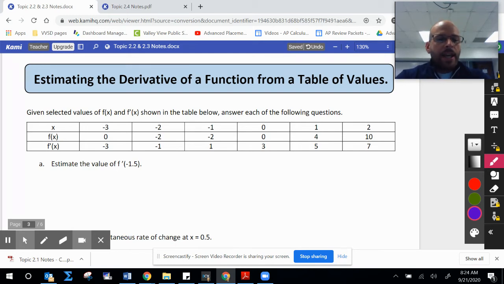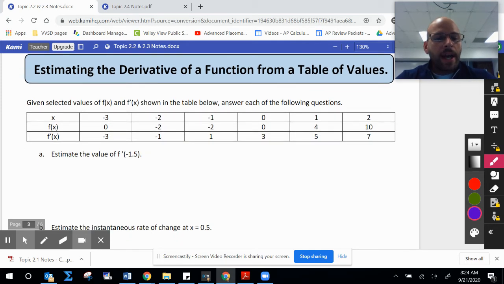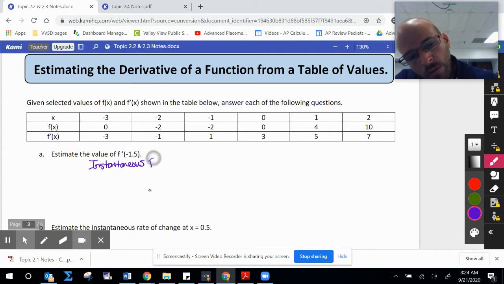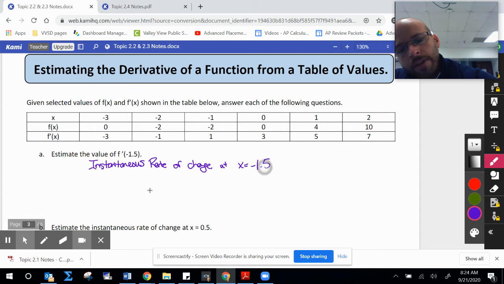So if I give you this table of values, so you can see x, f prime of x, I want to estimate the value of f prime, so the instantaneous rate of change, at x equals a negative 1.5. This is what I'm trying to find.